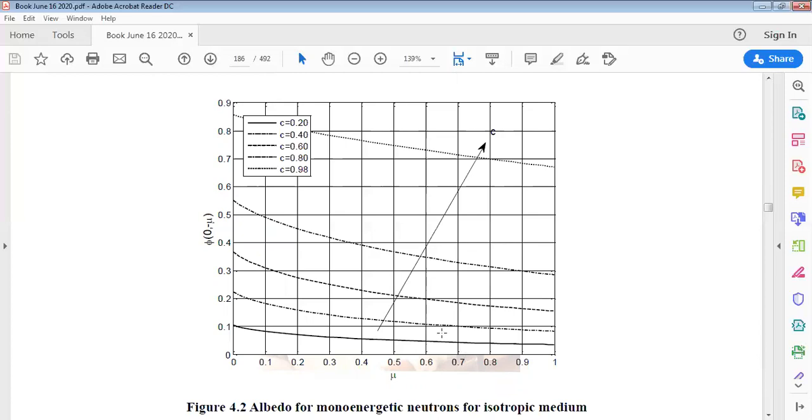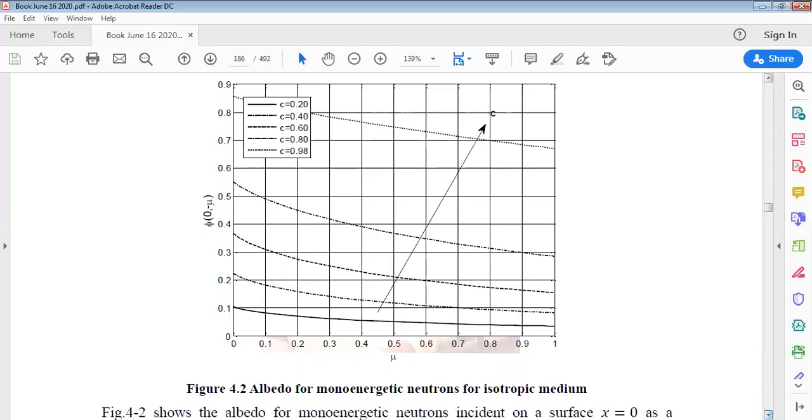As the absorber becomes less intense and the scatterer becomes more prominent, you've got more things coming backwards, so more scattering. So this is the albedo for monoenergetic neutrons. And this is how the albedo of the Earth was calculated to be about 0.3, for the various values of c that were assumed.